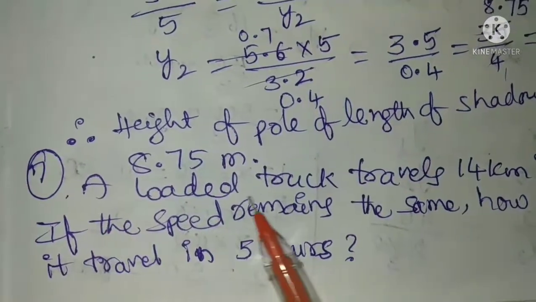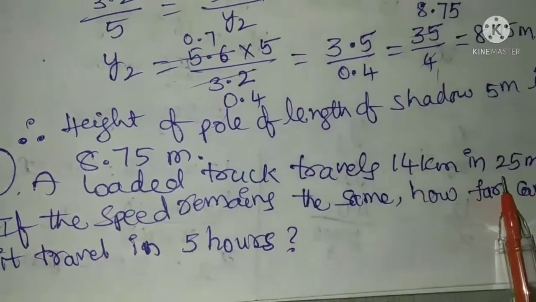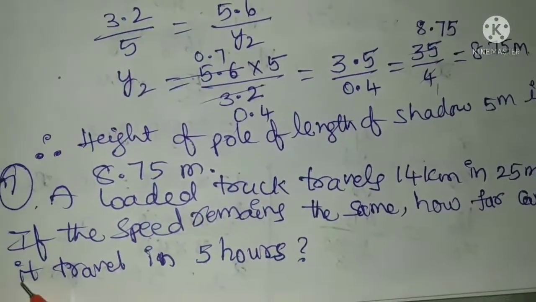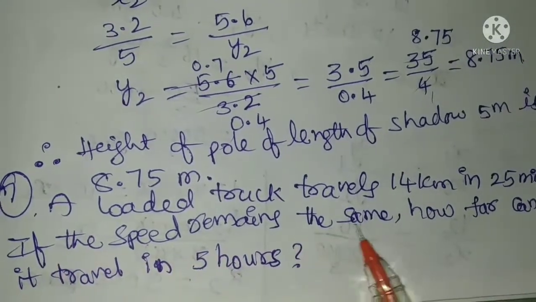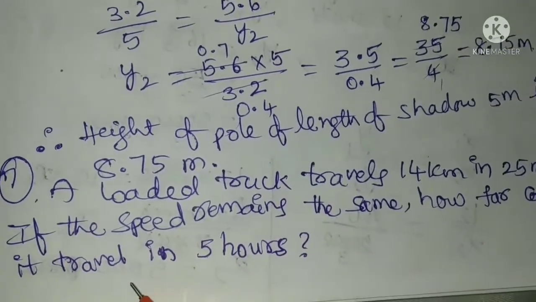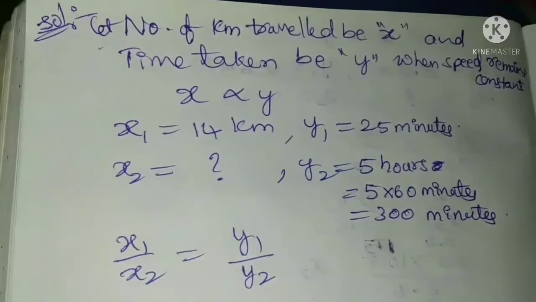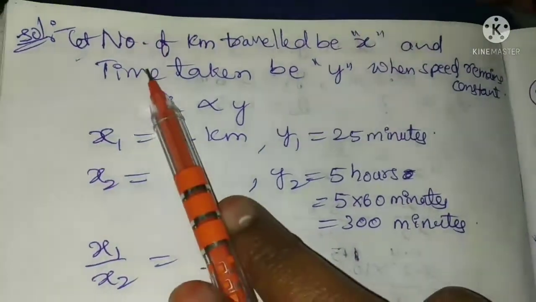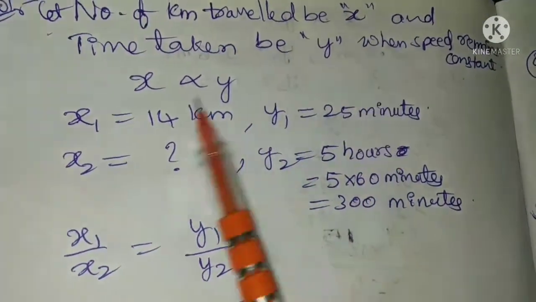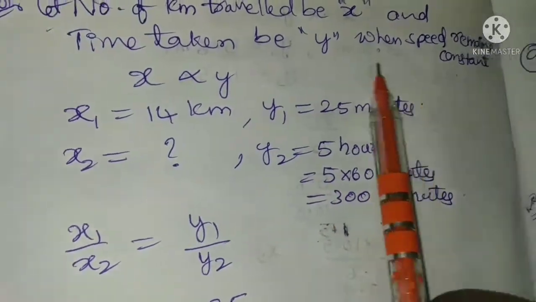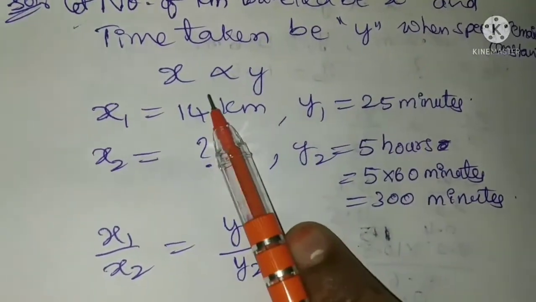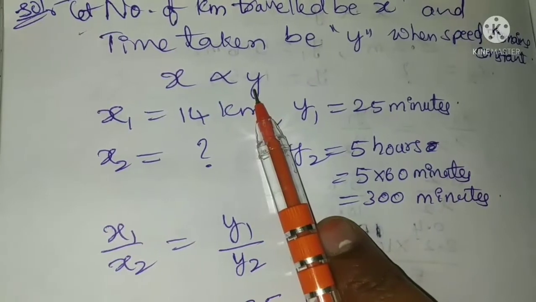7th question. A loaded truck travels 14 kilometers in 25 minutes. If the speed remains the same, how far can it travel in 5 hours? Let the number of kilometers traveled be x and time taken be y. When speed remains constant, x is directly proportional to y.